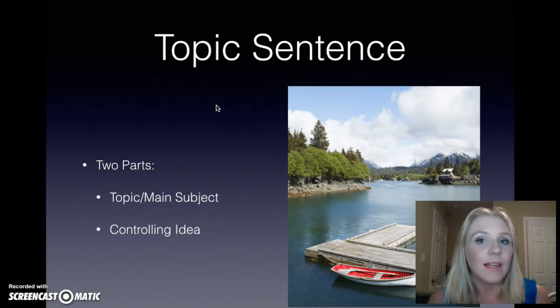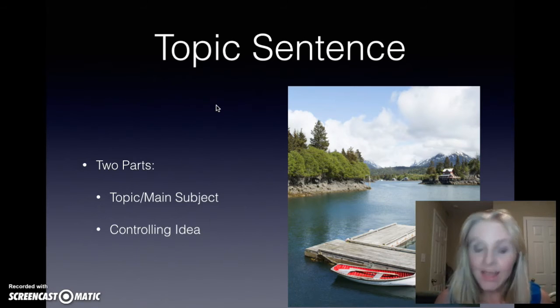Second, it also has a controlling idea, and a controlling idea will limit your topic or focus your topic a little bit more. For example, if your topic sentence is, cookies are my favorite food, obviously cookies is your topic, but are my favorite food will be your controlling idea.